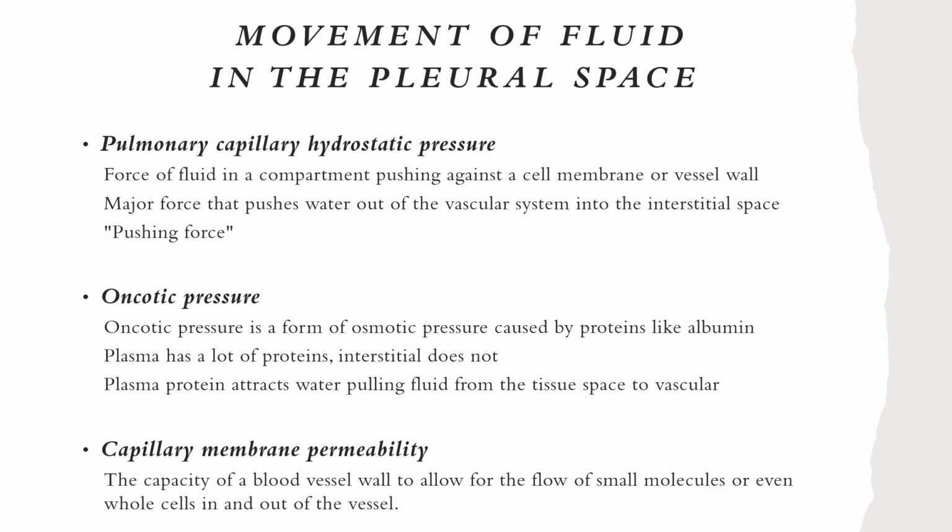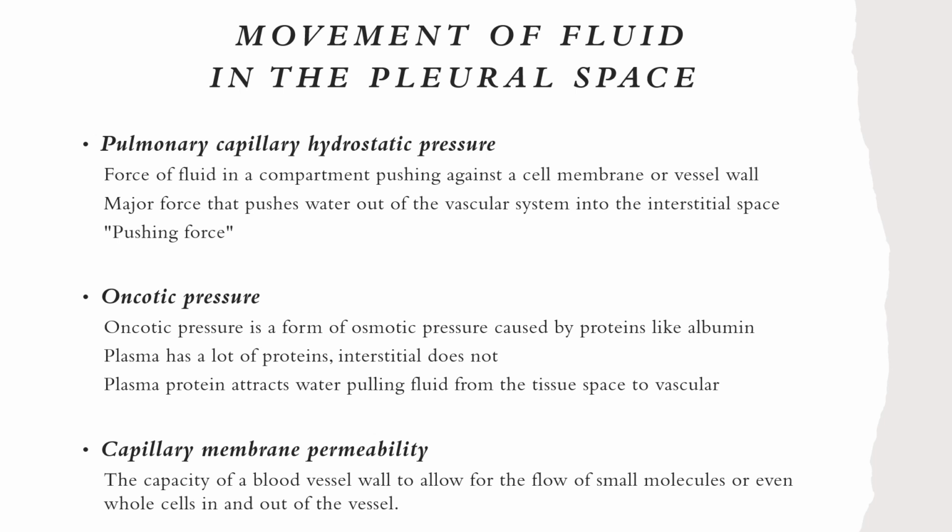A good example of a higher exertional or pushing force is possibly heart failure. Our heart's working harder, it's pushing more force from our vascular system. So it's pushing water out of the vascular system and into the interstitial space. So that is pulmonary capillary hydrostatic pressure.